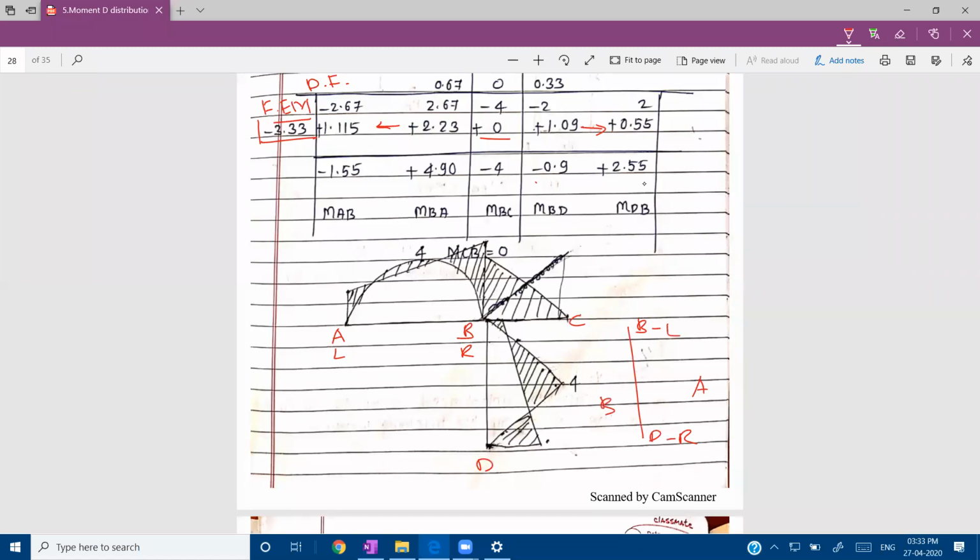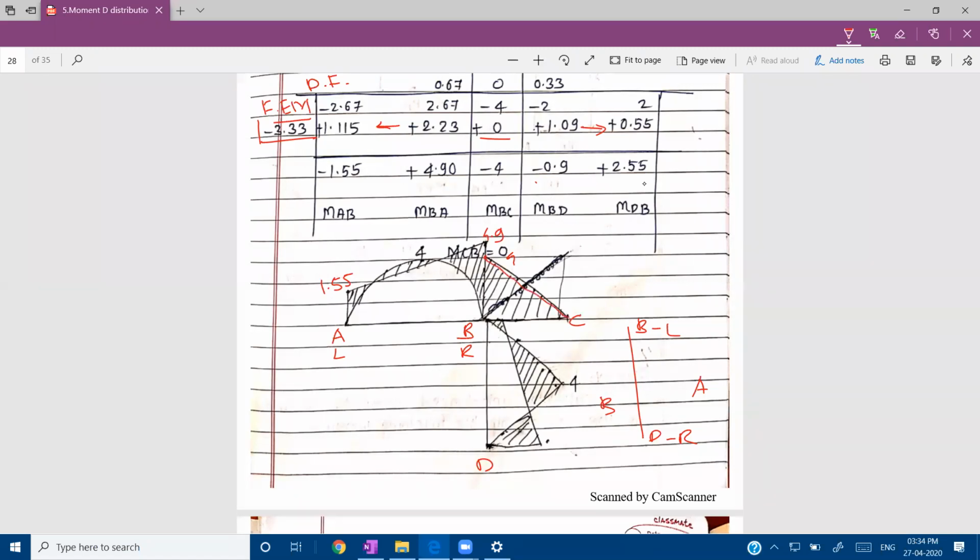So this is 4, which is nothing but your span moment, and on that these support moments are overlapped. At A, this value is minus 1.55 because at the left support there is negative moment above the baseline. Then MBA is 4.9, so this value is 4.9 here. MBC is 4, so this value is 4. MCB is directly 0 because C is a free support, so moment is always equal to 0.